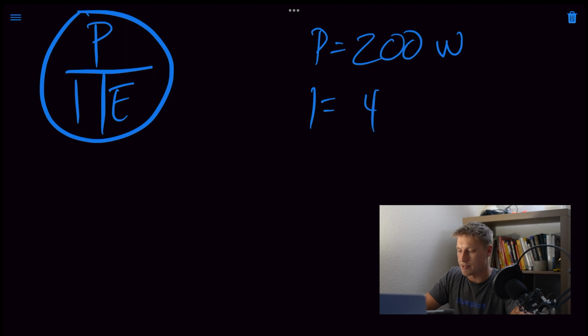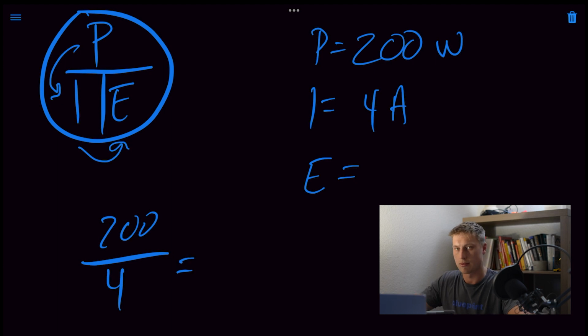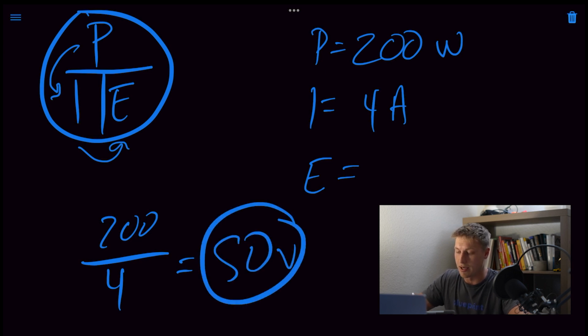Let's say we are trying to find voltage, and we know P equals 200 watts and I equals 4 amps. What does voltage equal? Well, if we look at the equation, P divided by I equals E. So 200 divided by 4 equals 50 volts. So we know E equals 50.